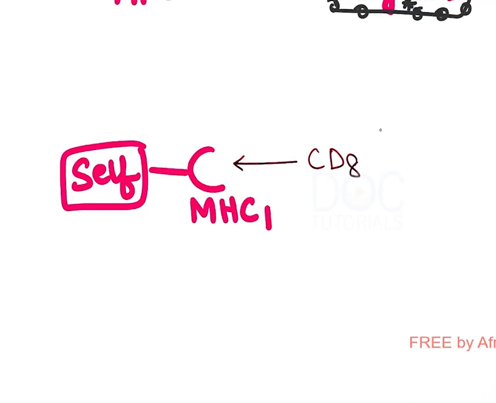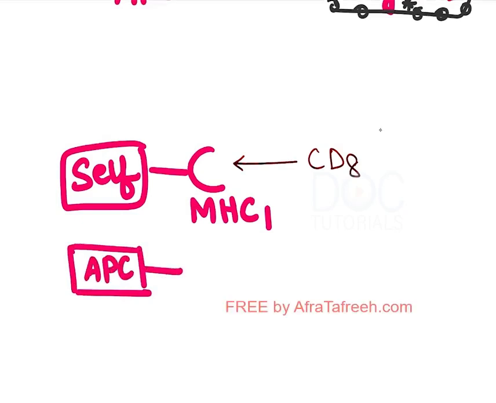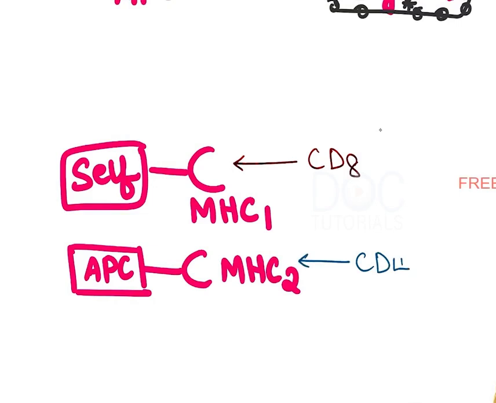This was the rule that was developed. All the antigen presenting cells, from wherever they catch the antigen, will give the antigen to MHC2, and once they give it to MHC2, CD4 will be able to recognize it. So CD4 will recognize the antigen only if it is presented through MHC2.